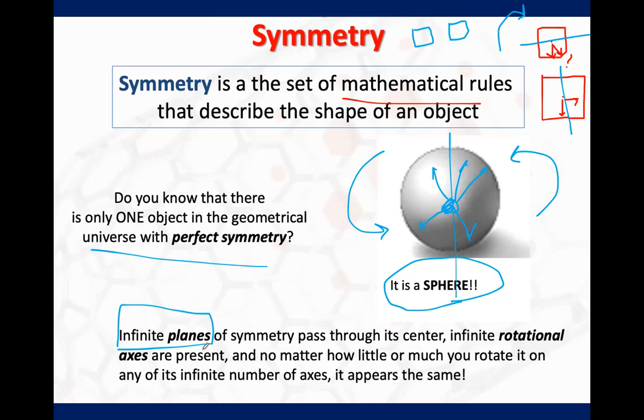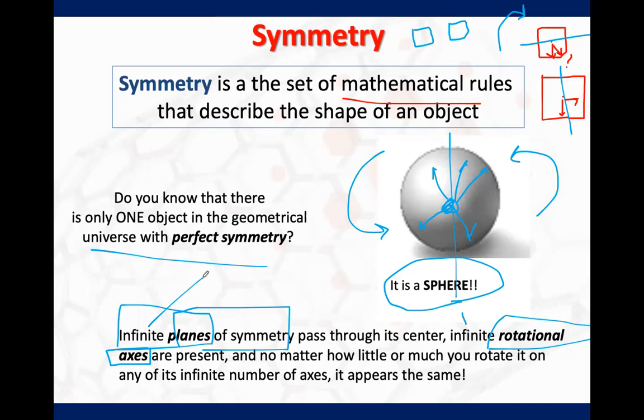So planes of symmetry and rotational axes are important for defining crystals, right? Some crystals, for example, if it is a ball-like thing, a sphere, you will see an infinite number of rotational axes as well as an infinite number of symmetry planes. But not all crystals have this feature because they are not spherical.